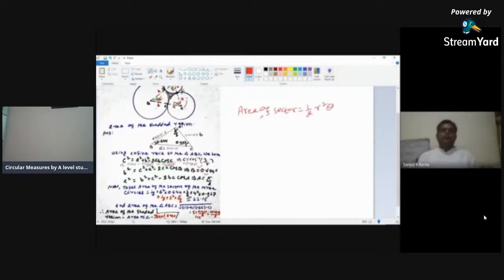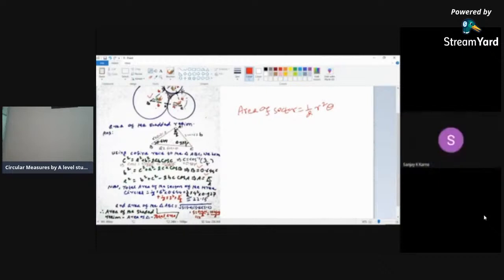So r squared is available in each circle. This circle has r value 6 and theta value 0.644.